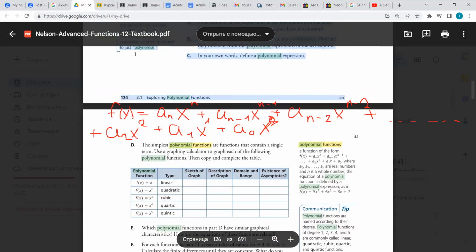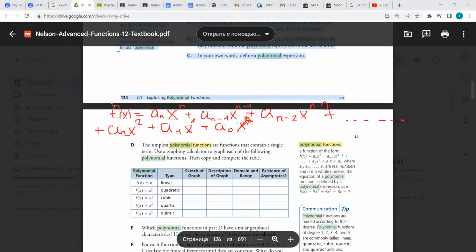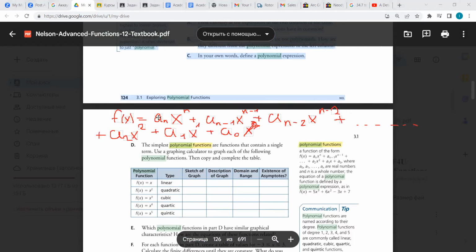Yep, here. So whenever you work with any polynomial function, it's going to look like this. Here n is the greatest power of this polynomial expression. For example, if the greatest power was 5, we substitute n equals 5 into the equation, and you can see that a_5 is some constant multiple.